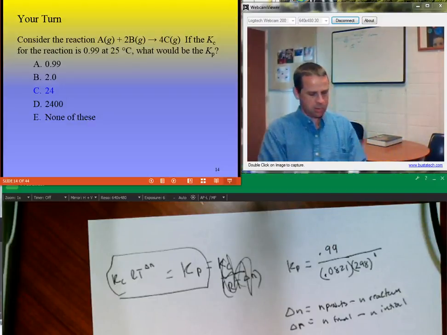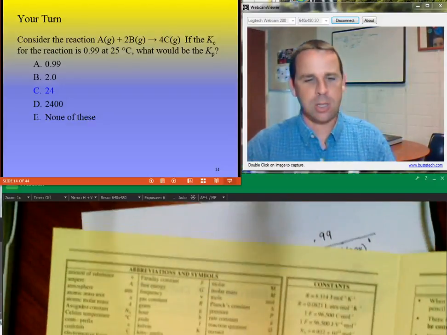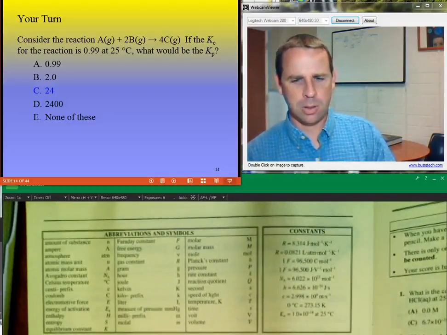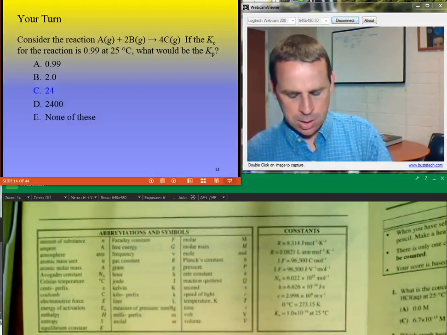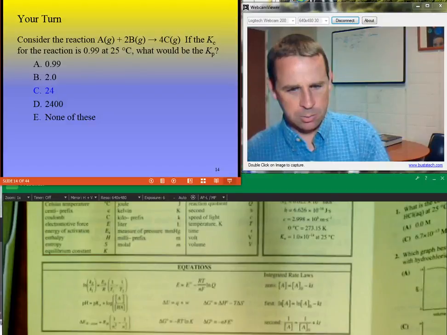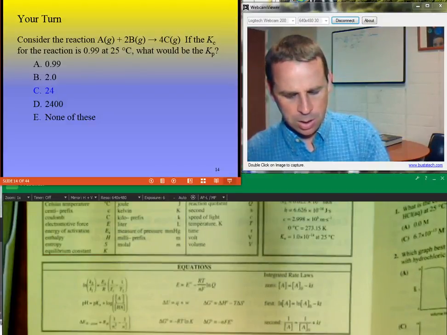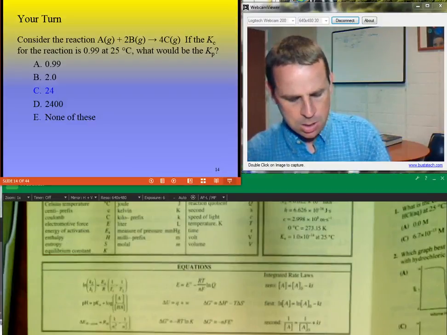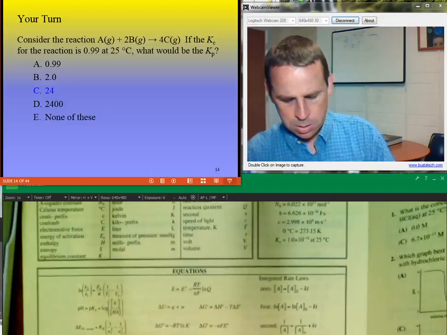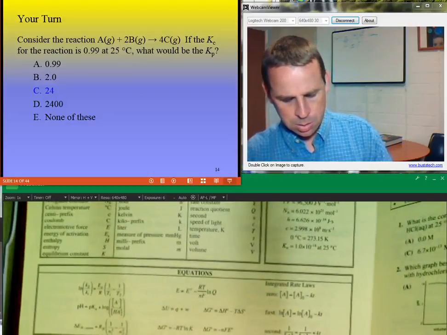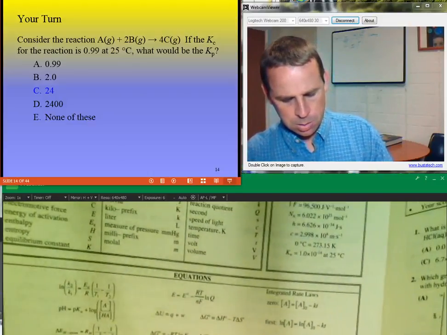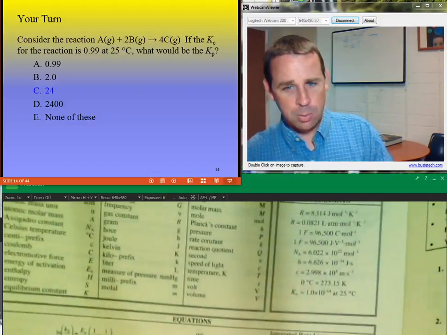ACS exams here, and in the ACS exam, they'll give us a bunch of chemical equations, and one of these will be, where's it at? Maybe this wasn't a good idea.